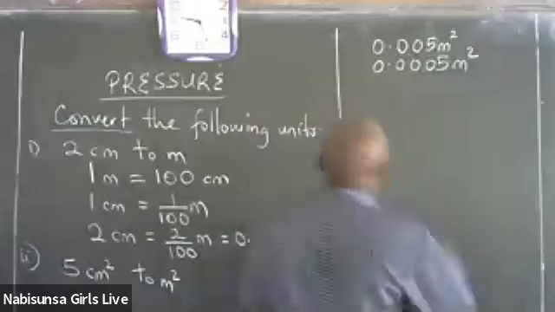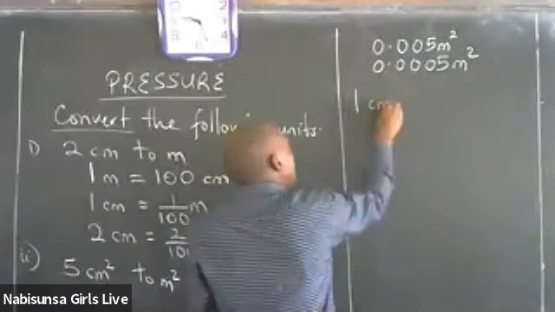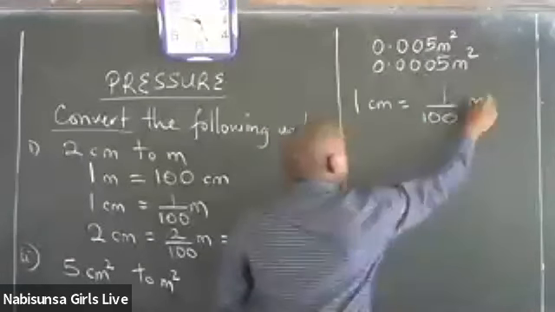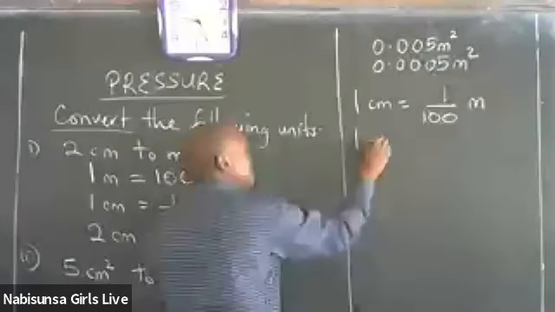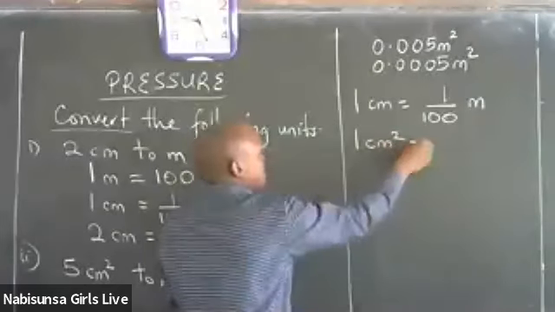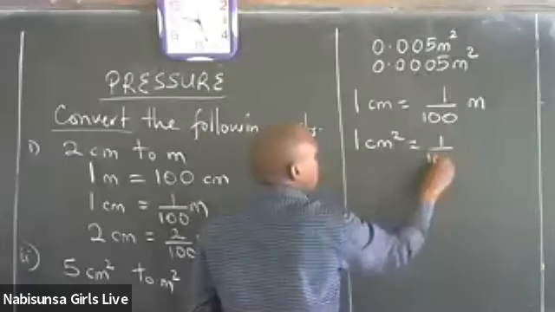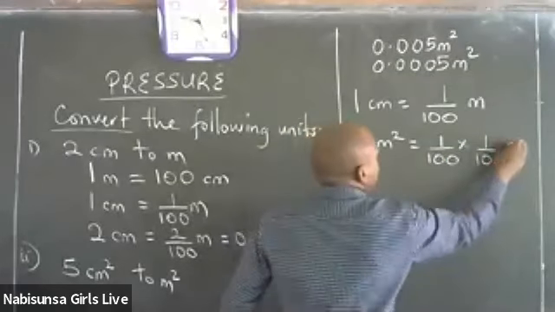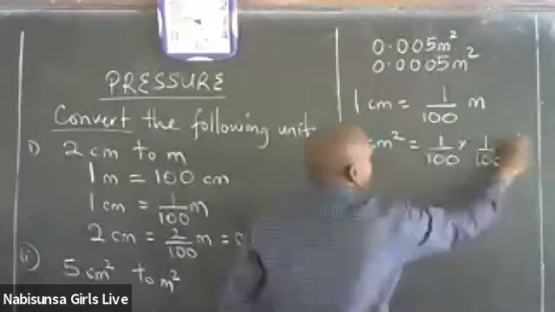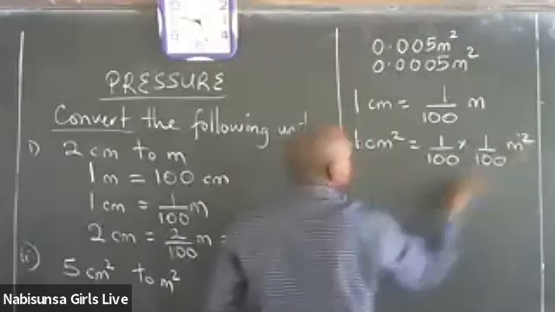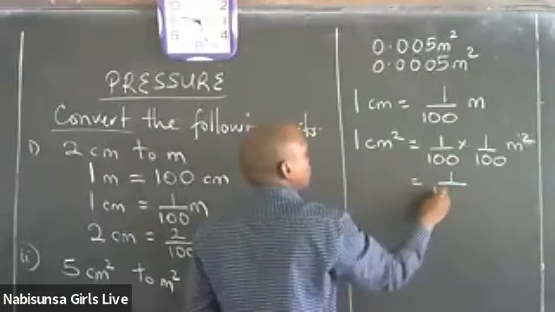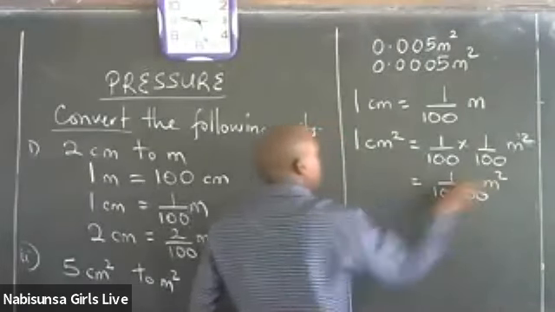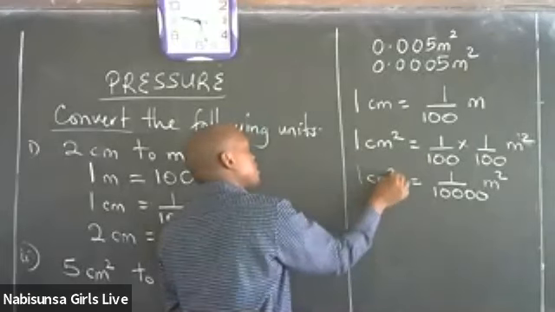So 1 centimeter is equal to 1 out of 100 meters. Now 1 centimeter squared is the same as 1 out of 100 times 1 out of 100, meters squared. This is meter and this is also meter. So centimeter squared is the same as 1 out of 4 zeros.